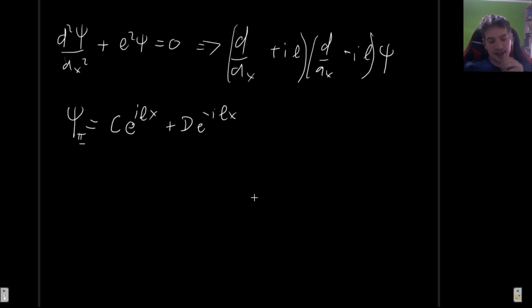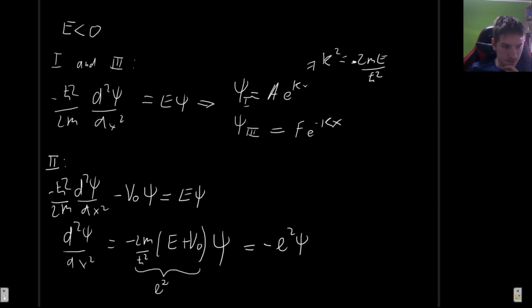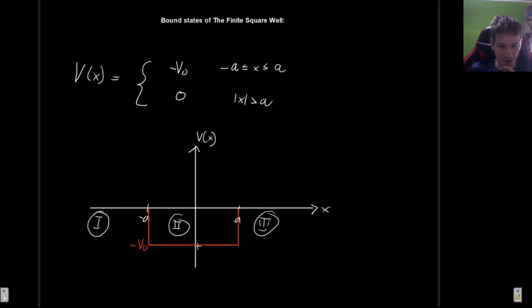This is a correct solution, but there is a better way to write this. Because we're going to be dealing with a potential of this form, this is our second region. Usually, and it's actually why we did it as well in the case for the infinite square well, it is going to be better to write this in terms of sine and cosine.